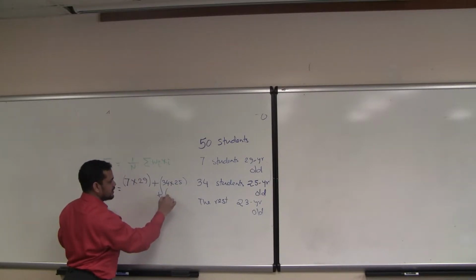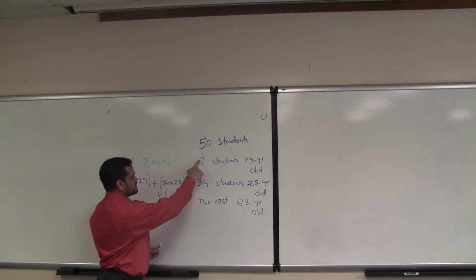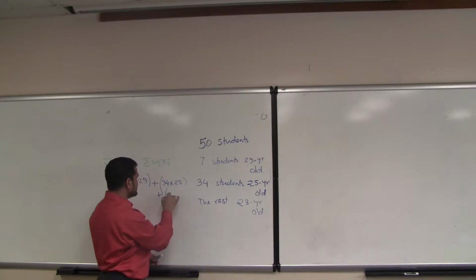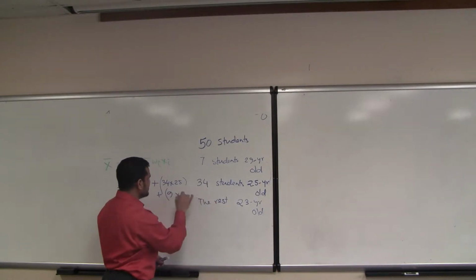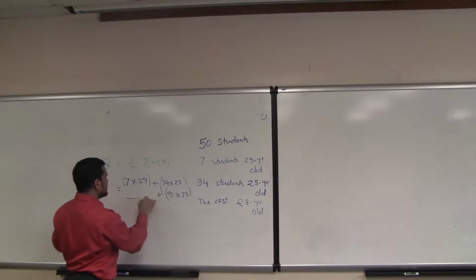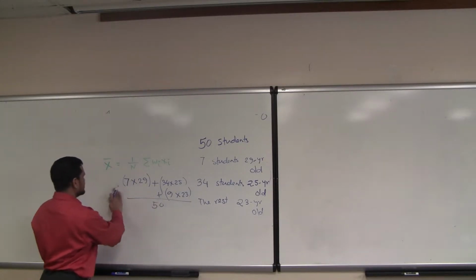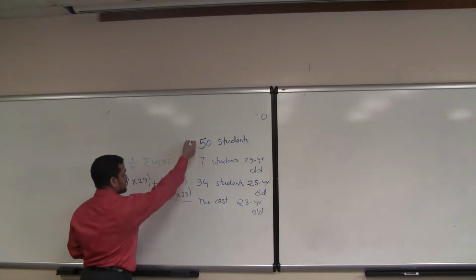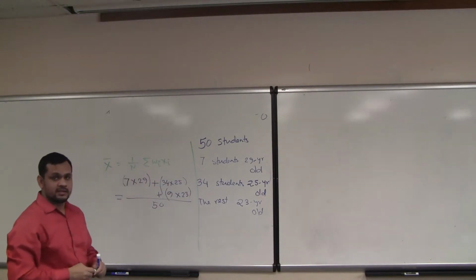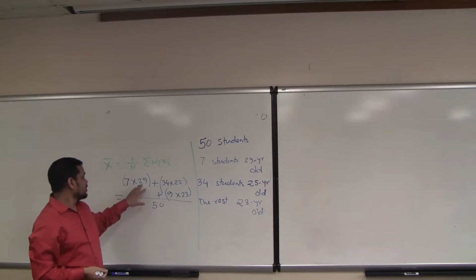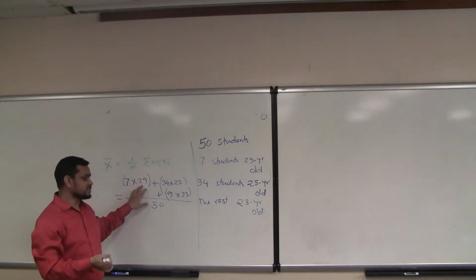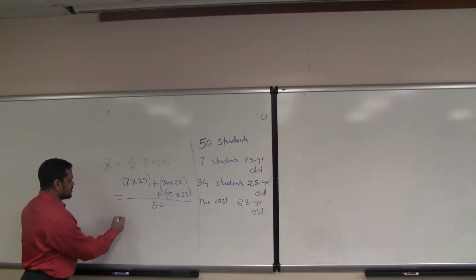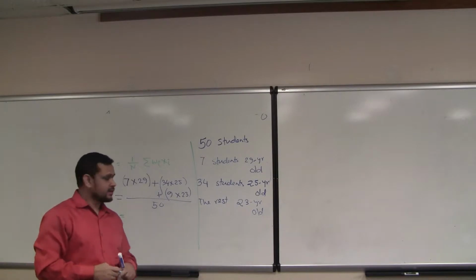Then the rest: 7 plus 34 is 41, and 50 minus 41 is another 9 students. So 9 students, their age is 23, and divide by the total number of students. Whatever it comes to, that is my answer. If I have data which has some weightage, I multiply by the weight.